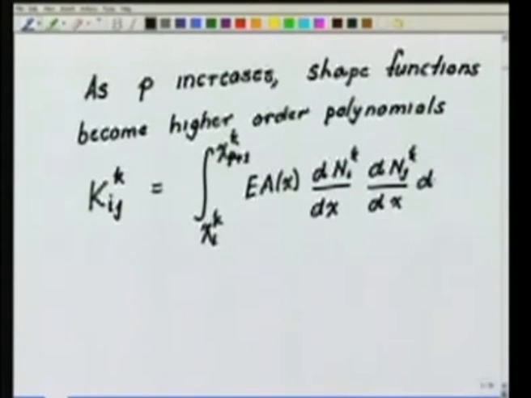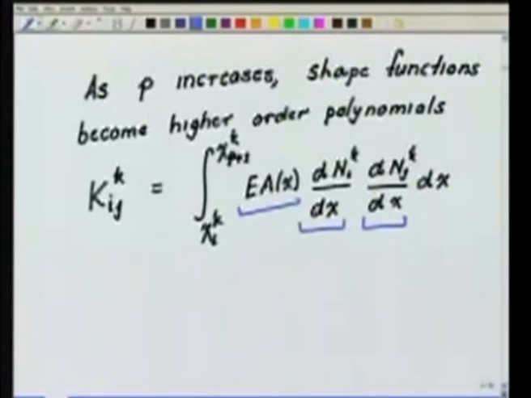So when we evaluate this integral to obtain the entries of the stiffness matrix, we find that this expression, the integrand, dni dx, dnj dx, even EA need not be constant all the time. EA could be anything. It could be coming out of this kind of a profile, or it could be coming out of this kind of a profile, anything. So EA also has a complicated expression, may have, for the problem of interest.